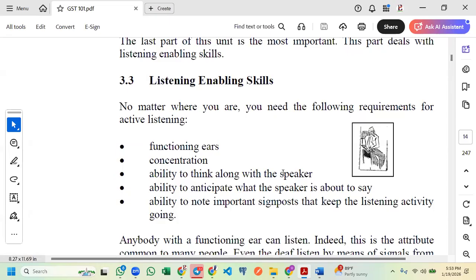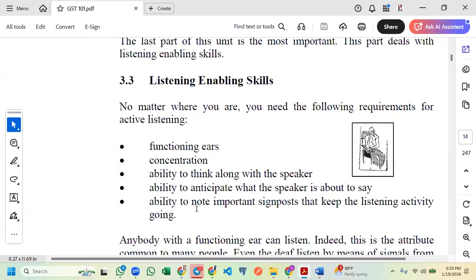So when you hear someone say, most importantly, you should know that whatsoever the person is trying to say after that word is going to be very vital to that seminar. So that is ability to note important signposts that keep the listening activity going. So we have 5 of them.